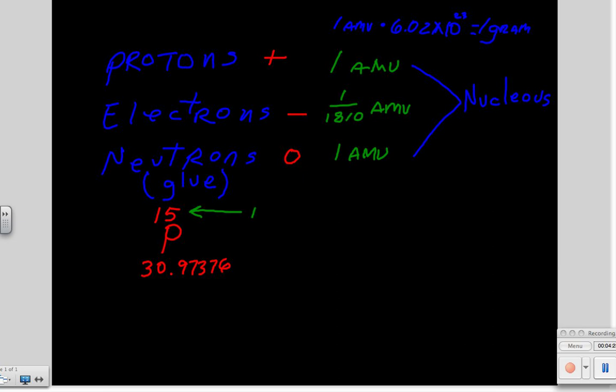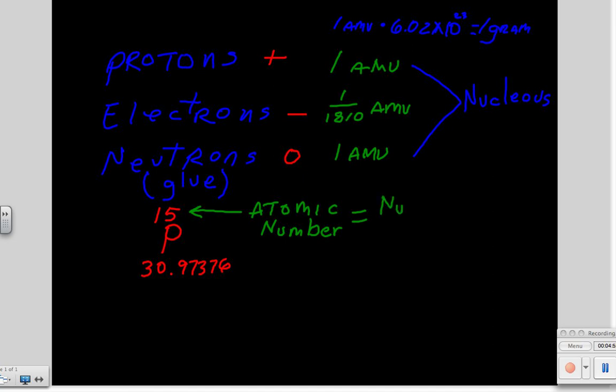What the atomic number stands for is the number of protons. It turns out that the number of protons is what gives an element its properties. So if you change the atomic number, you're going to have a different element, and the atomic number is equal to the number of protons.